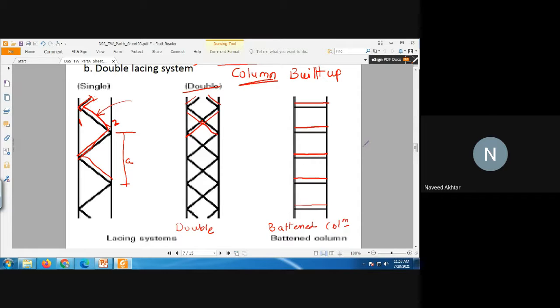And if only horizontal bars are provided, then they are called a pattern column or battening system. Okay. So likewise, you can connect this. This is nothing but a built-up column, and you have to draw the figures, lacing system, in the second part of your sheet number 2.